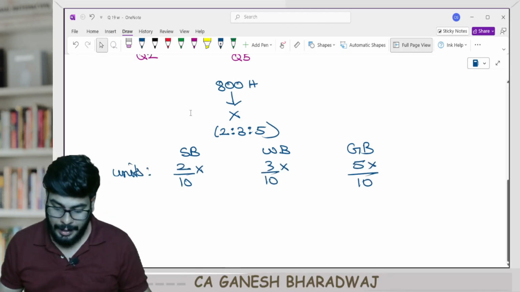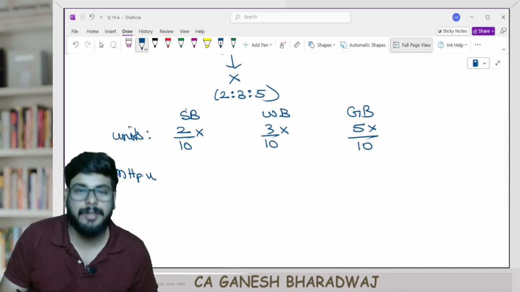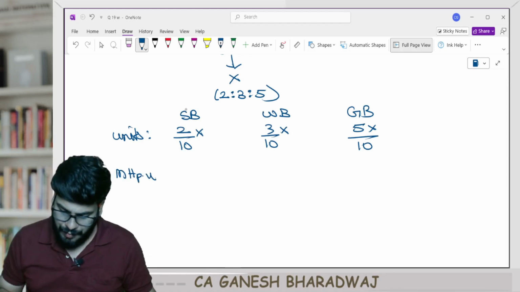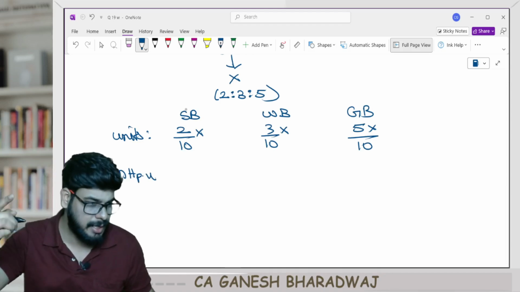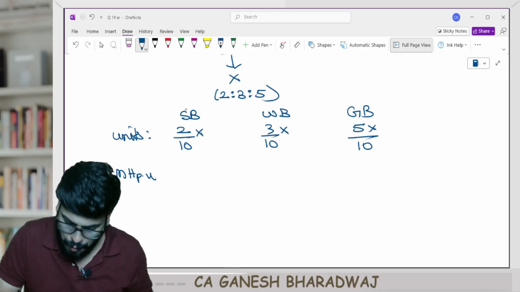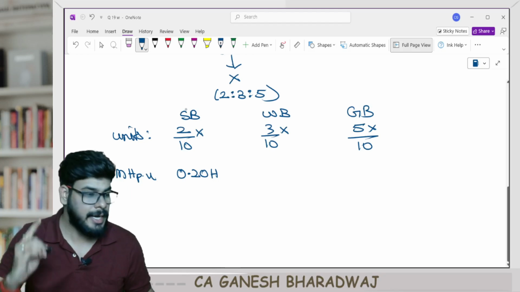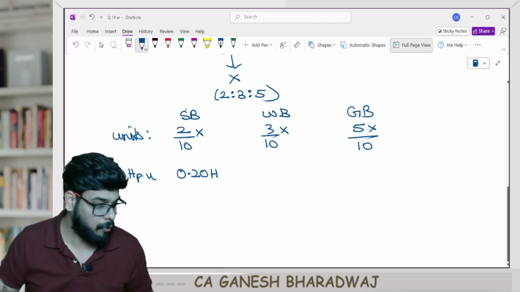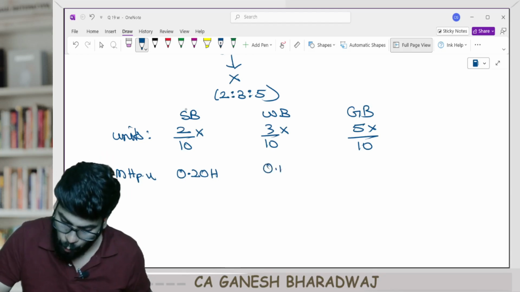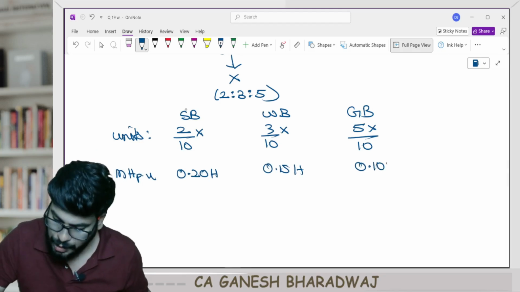Right? And what will be the machine hours per unit for each of the products? It's given in the question itself that every unit of school bag will require 0.20 hours, and every unit of water bottle will require 0.15 hours, and every unit of geometry box will require 0.10 hour.